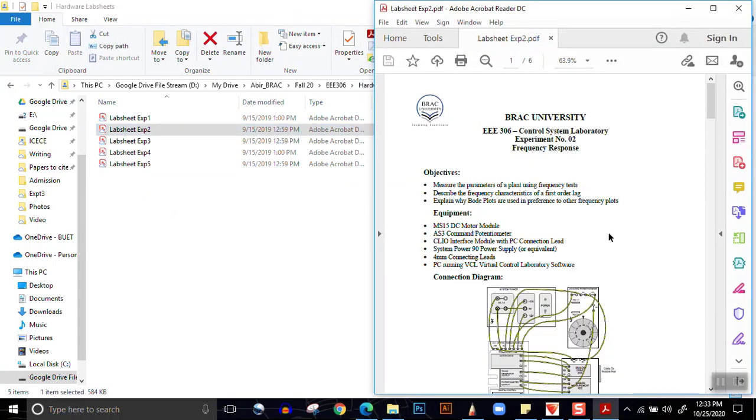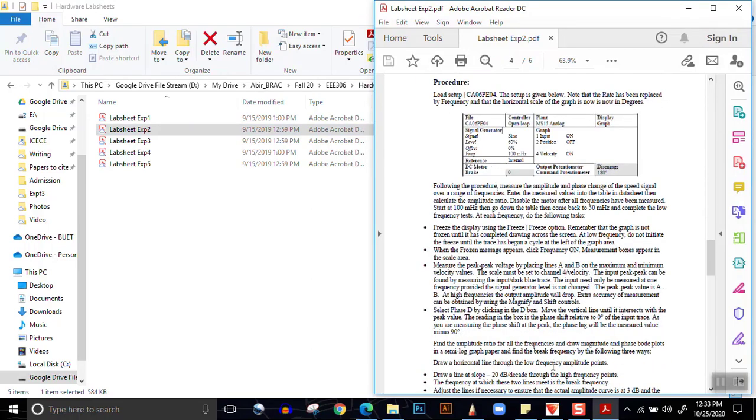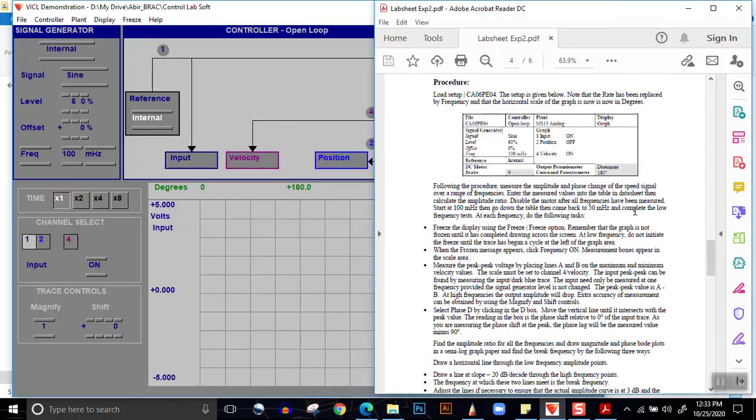If you look at the lab sheet, the first thing is to go into the setup box and compare. In the setup box, CA06P04, we have selected it. Controller is open loop, that's also there. Signal is sine, level is 60%, offset 0, frequency is 100 millihertz, reference internal. So everything is as it should be.